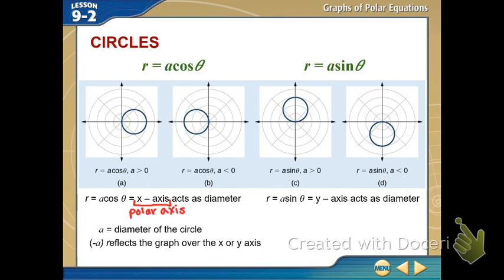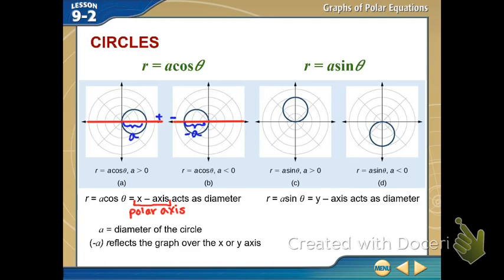So both of these guys are symmetric with respect to the polar axis. And then the second thing we're going to notice is that the diameter of each one of these circles is going to be a. So the leading coefficient gives us the diameter. If a is positive, it goes in the positive direction. If a is negative, it will go in the negative direction. It'll open to the left.